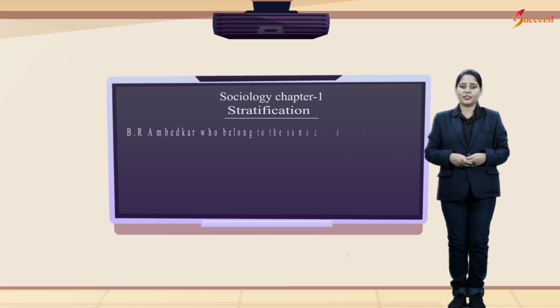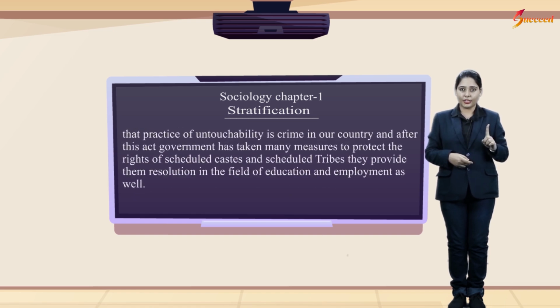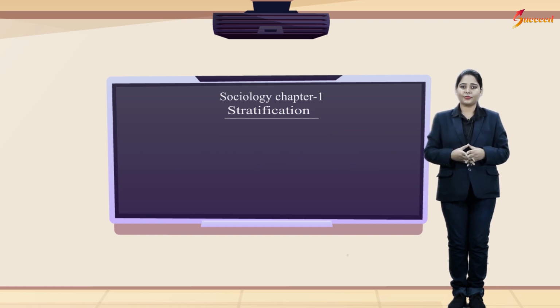The act says that practice of untouchability is a crime in our country. And after this act, the government has taken many measures to protect the rights of scheduled castes and scheduled tribes. They provide them reservation in the field of education and employment as well.